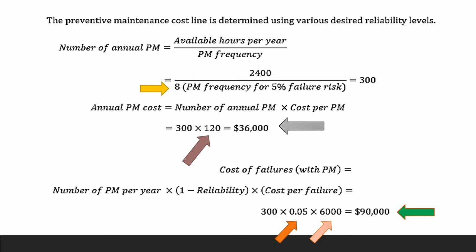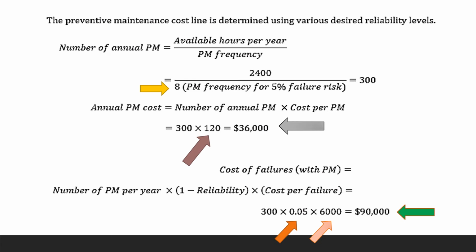So in this example, they said at a 5% failure risk and 95% reliability level, you're going to have a preventive maintenance frequency of 8. You have to do PM for that many operation hours.